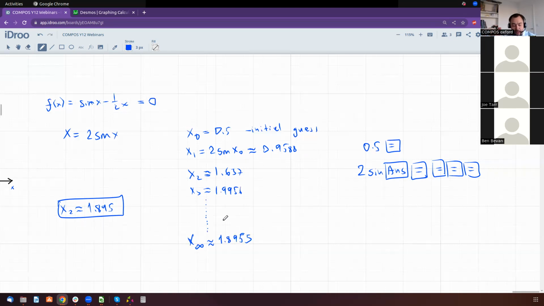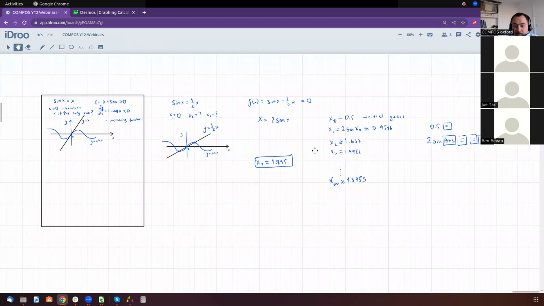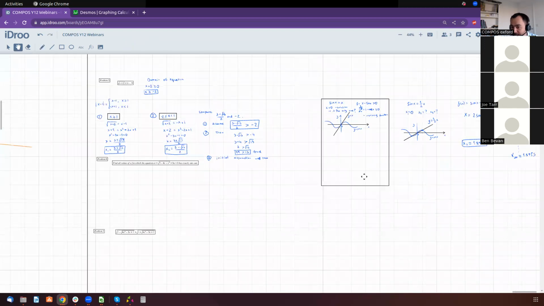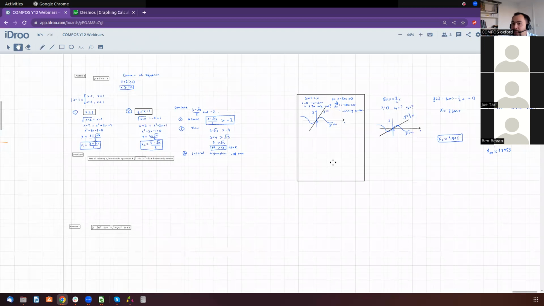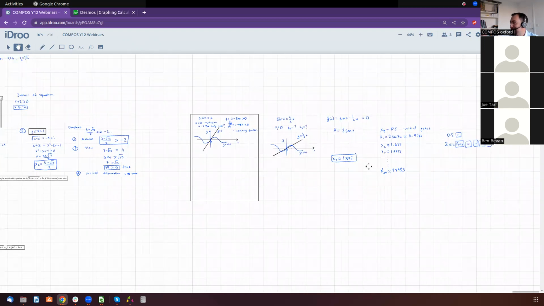And you can do this many times over, and you get the solution with infinite approximation. So this is a numerical method. They don't always work, numerical methods, so you will study them in year 13. Hopefully that makes sense. You can find the other one starting with negative 0.5, but because of symmetry, it's plus or minus.